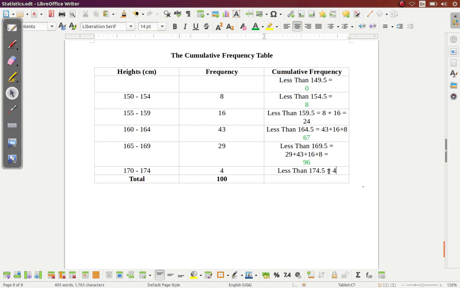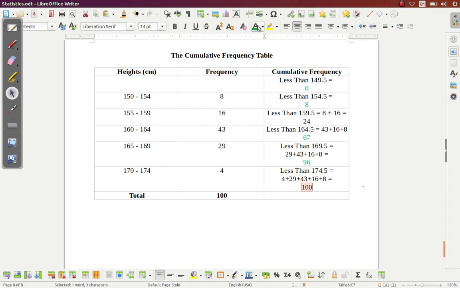We have 4 plus the 29 we had here, plus 43 plus 16 plus 8, which amounts to 100. So the cumulative frequency will add up to the total frequency of 100.